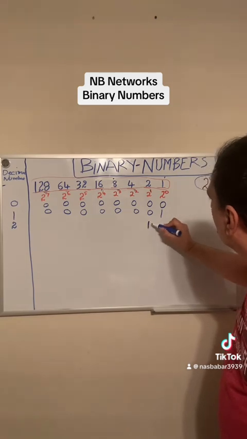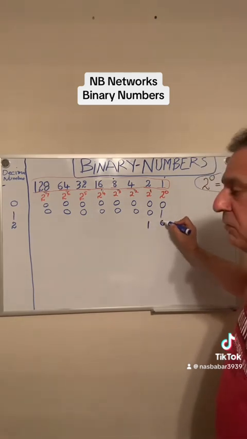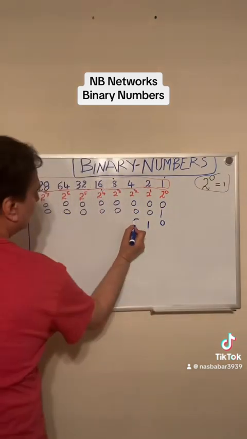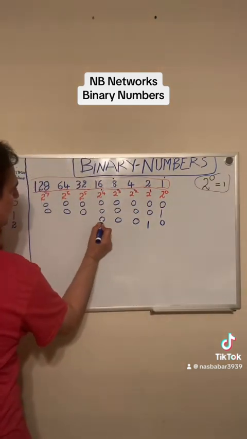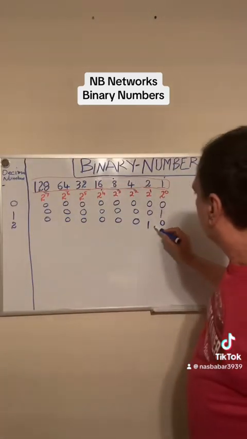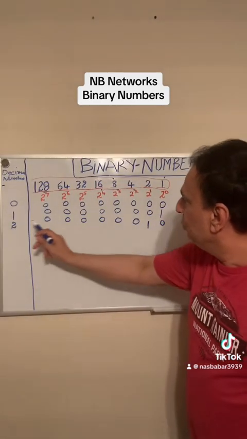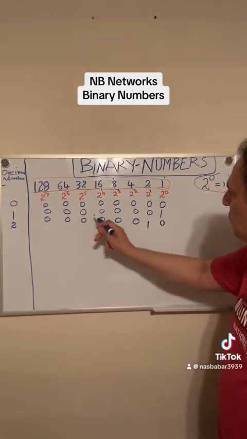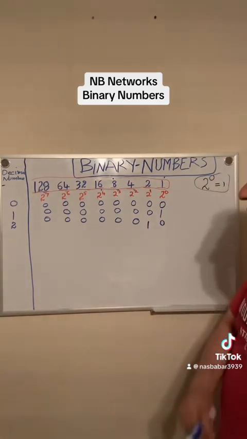Everything else has to be off. So 0, 0, 0, 0, 0, 0. This is decimal number 2, and in binary it's going to be 0, 0, 0, 0, 0, 1, 0.